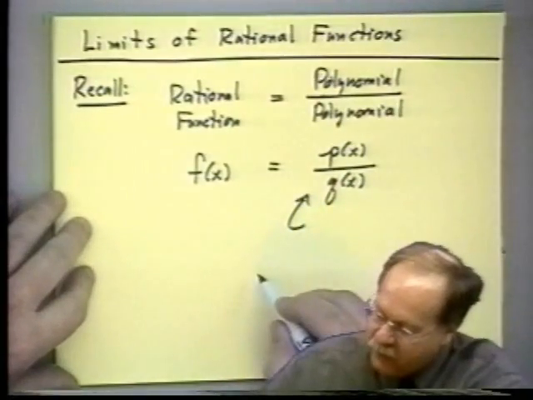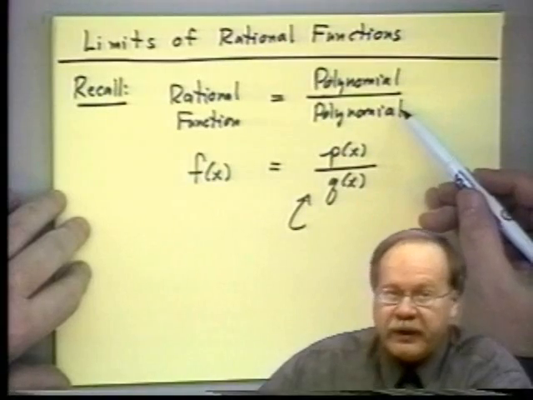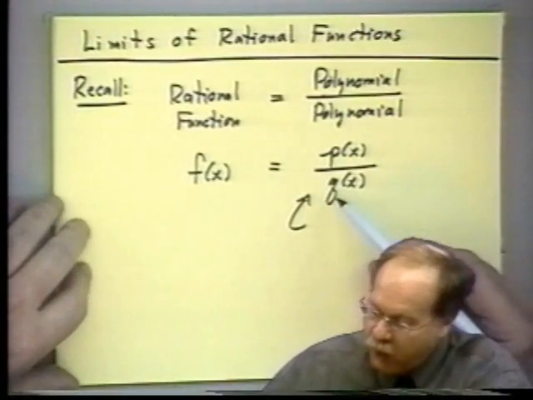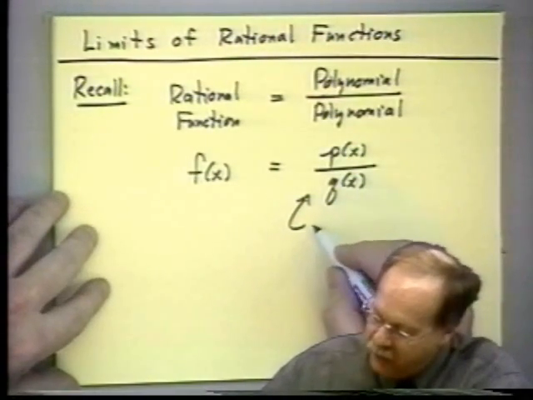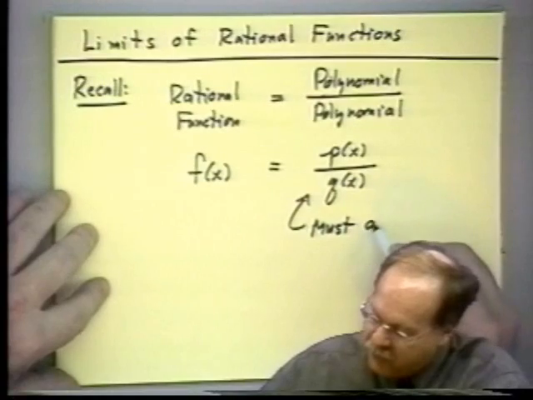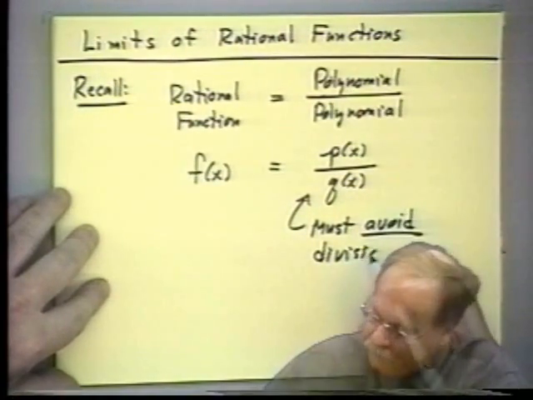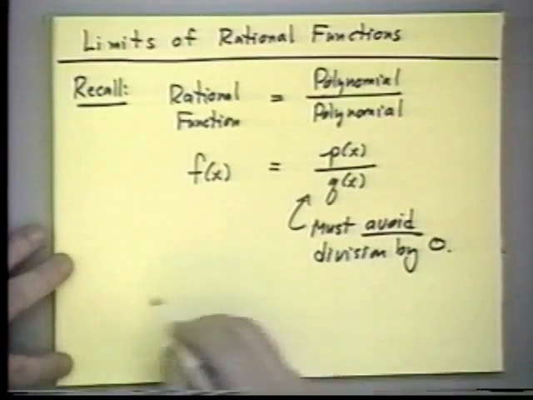And once I've got it written that way, I realize a couple of things. What I learned about polynomials probably has some bearing on rational functions and limits. Also, because a rational function does have a division, I need to be aware of division by zero. So I must avoid division by zero. And that's something I need to keep in mind.